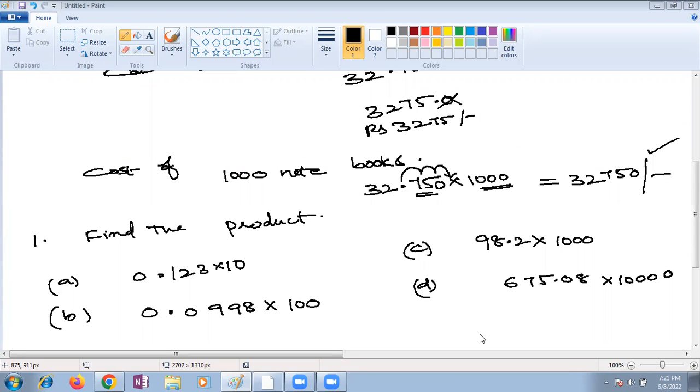The decimal jumps towards the right side, not left side, my dear. Should I resend my answers, ma'am? Yeah, you are correct. I said you are correct, Rishikesh.